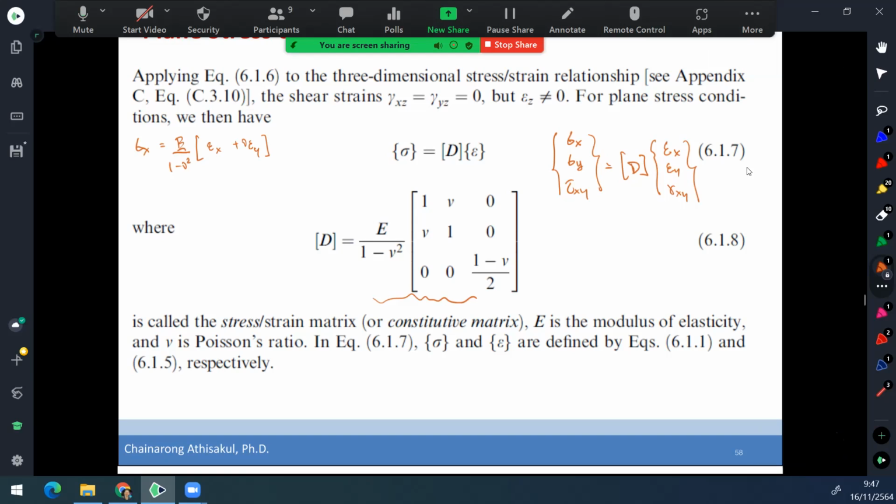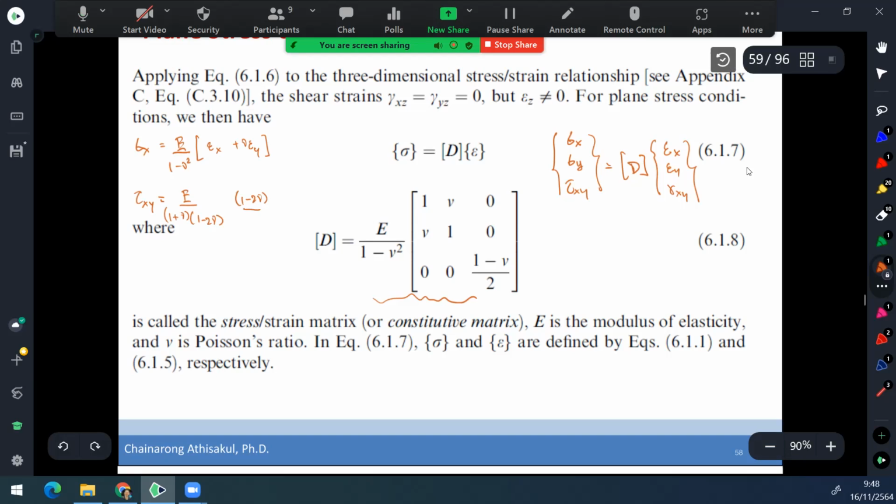But for tau xy, from the previous one, we found that tau xy is equal to E over 1 plus mu, and 1 minus 2 mu, multiplied with 1 minus 2 mu over 2, gamma xy.